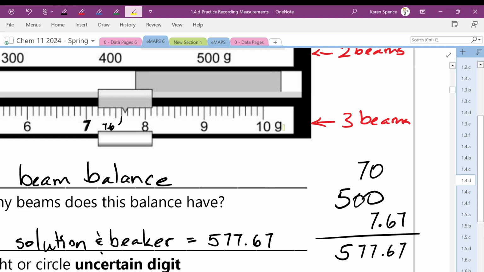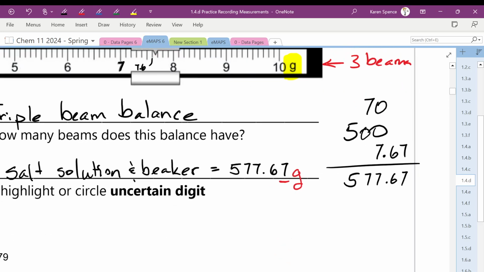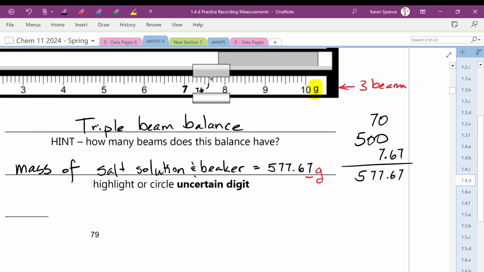And if you don't know what the unit is, look on the measuring device. It should say. If it doesn't, you can always ask me. Okay, and that would be grams, and we're going to underline our uncertain digit. How many sig figs in that measurement? Yes? Can I use the washroom? Absolutely. How many sig figs in that measurement? 5.